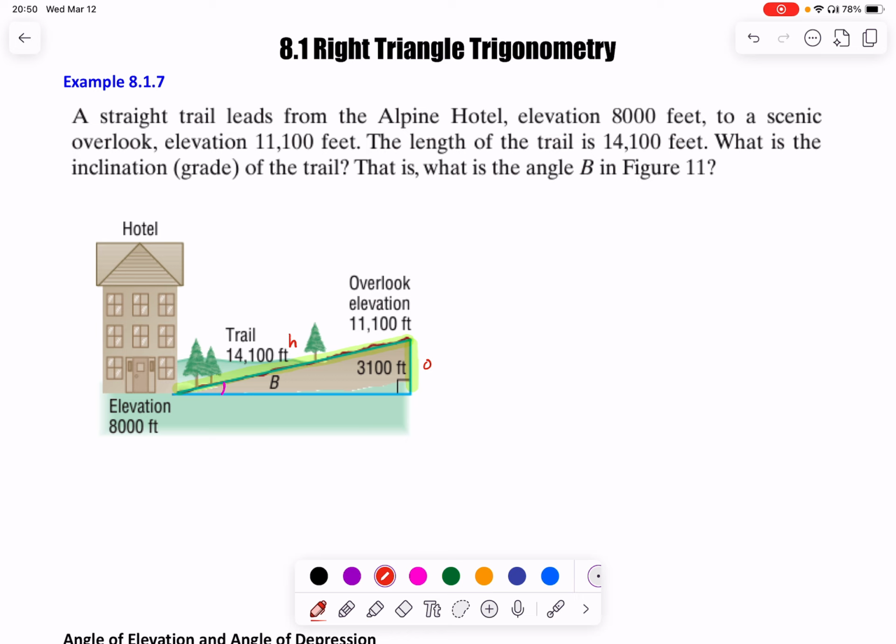So we've got opposite and hypotenuse, so we want to use the sine function. So we have sine of angle B is equal to the opposite side, which is just 3,100 feet, over the hypotenuse, which is 14,100.